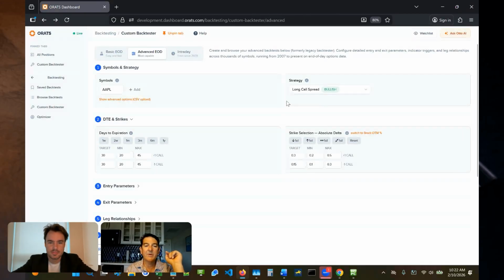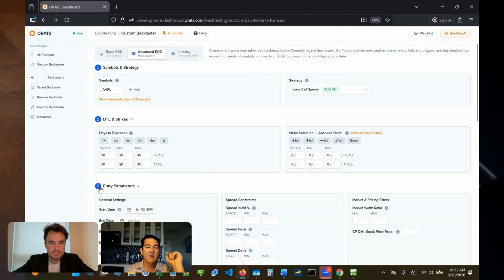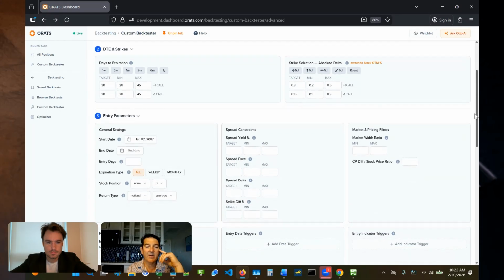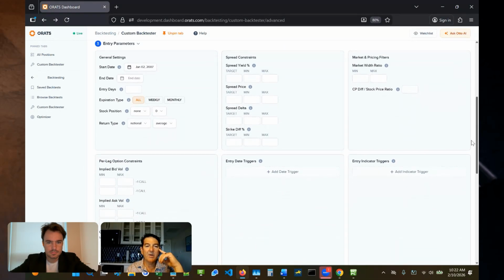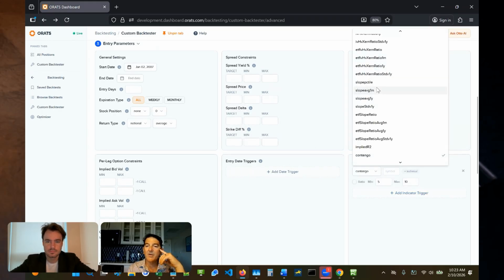That's a good point, Tyler. What Tyler's saying is that in the advanced indicators, you can bring in the entry indicator triggers. This is date triggers, but with indicator triggers you're saying, if Contango or all these other ones are in such a state, get into it.